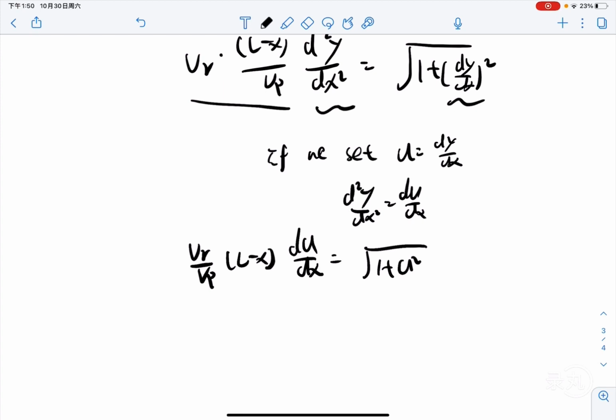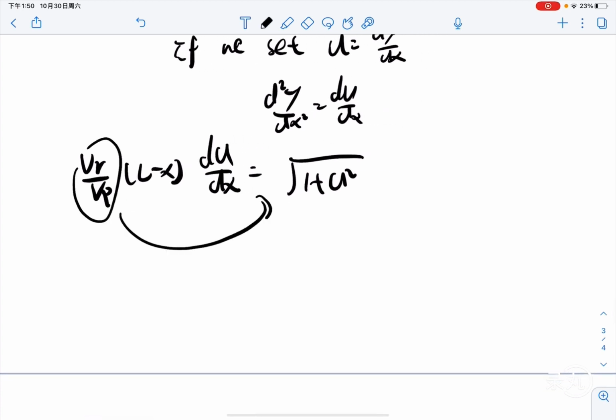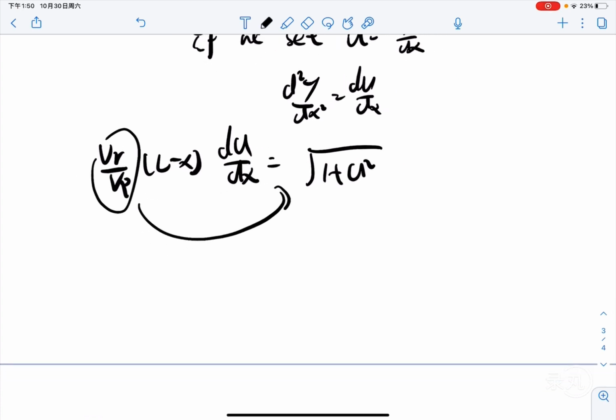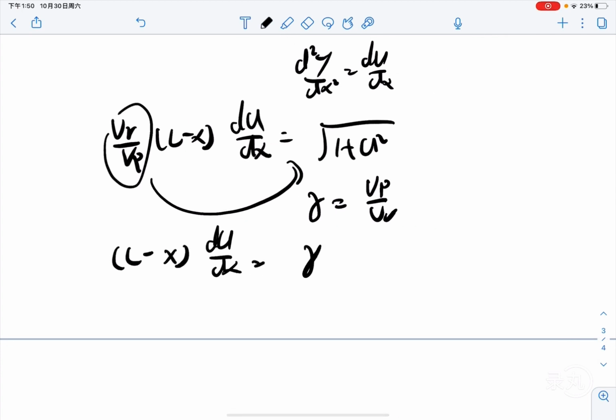And if we move this to that side and set gamma equal to Vp over Vr, we get (L minus x) du/dx is equal to gamma times the square root of 1 plus u squared.